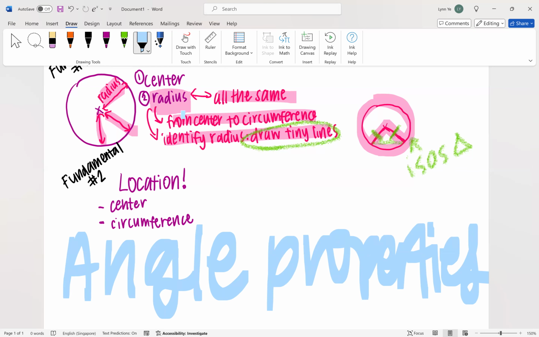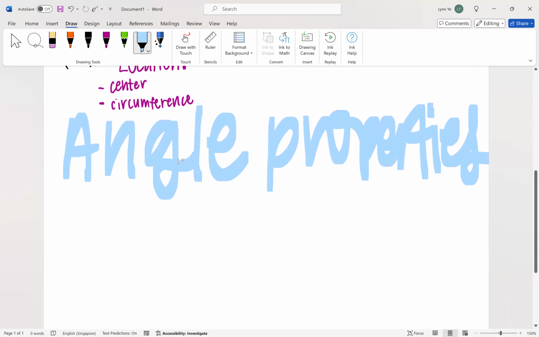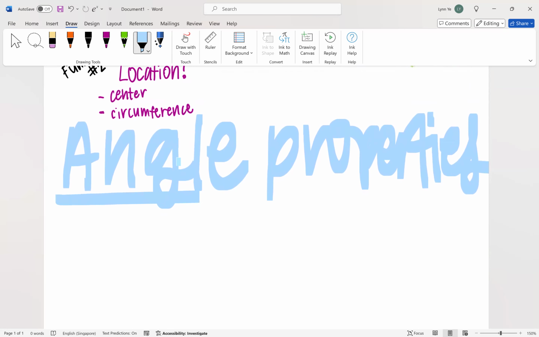A lot of angle properties. So you need one full page of angle properties. Write it really big because now we are only focusing on angle. Later, we'll be talking about length.